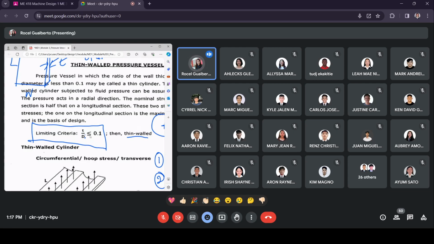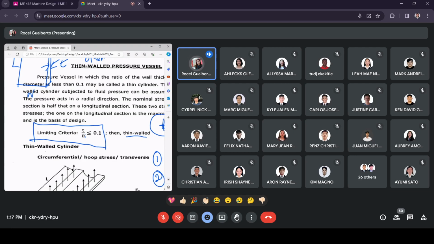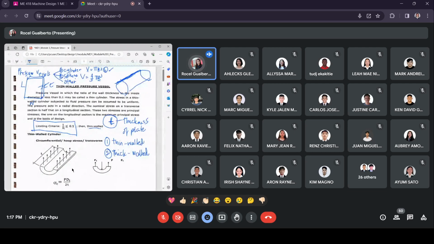But if the value exceeds 0.1, that's the other way around. You call it a thick-walled pressure vessel. So what is basically the difference between a thin wall and a thick wall? Why is it necessary that we know if it is thin wall or thick wall?